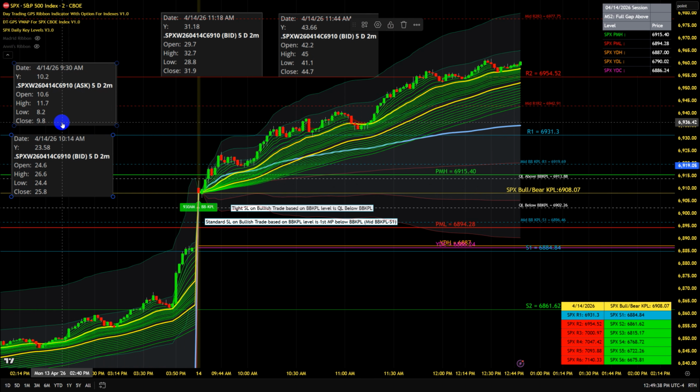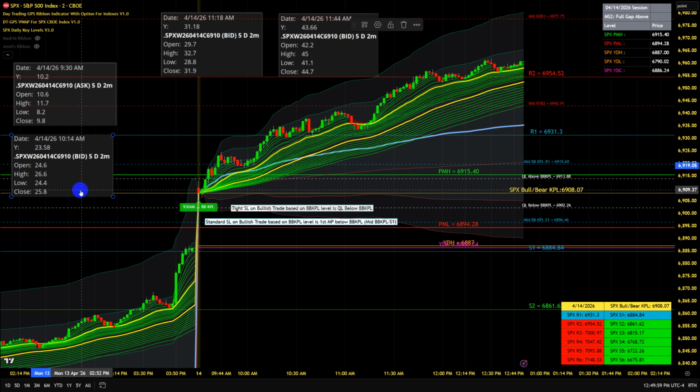So at a cost of $9.80, the ask on the close of one of these call options of the 69.10, it is going to cost you $980. Here on the 10:14 a.m. bid on the candle close, $25.80. That means the option is now worth $2,580. So that is a gross profit of $1,600 before any slippage or commissions or options clearing fees.